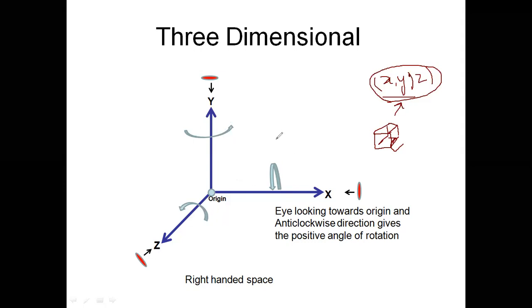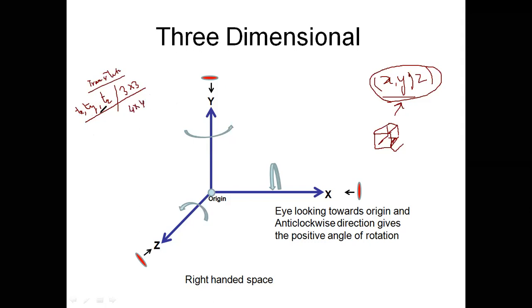If I talk about translation in three dimensions, simply the third parameter is introduced, that is tz. Earlier we had tx and ty, and now the third parameter is also introduced. We used to have a matrix of order 3 into 3 in 2D transformations, whereas now the order will increase to 4 into 4.